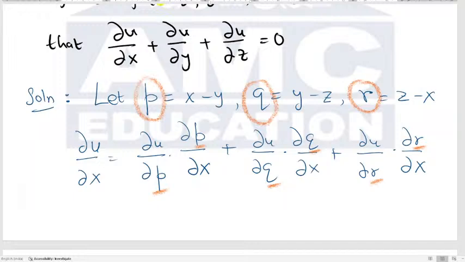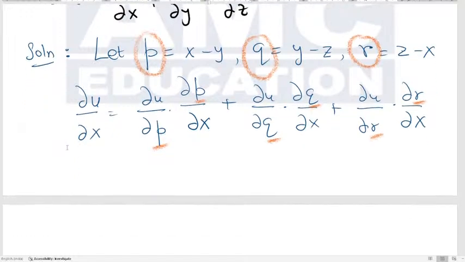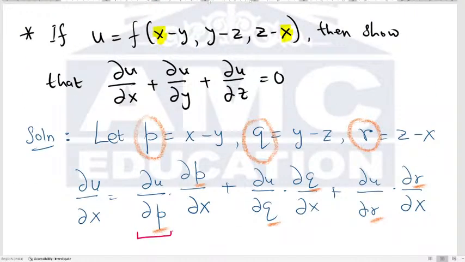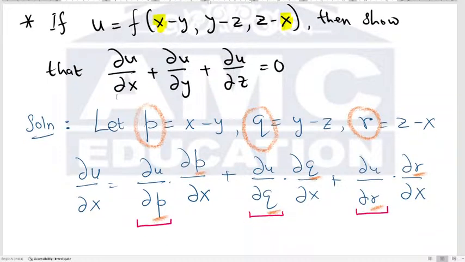All right, so let's proceed to solve this problem, right? ∂u/∂p, ∂u/∂q, ∂u/∂r. We can't find the values of these. These are unknowns, so you leave them as they are.